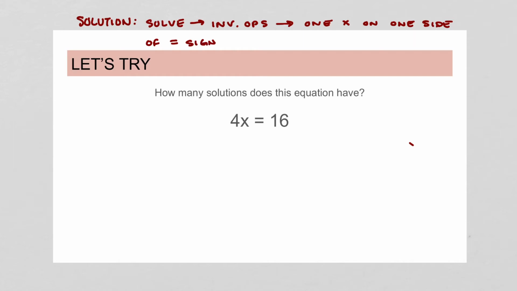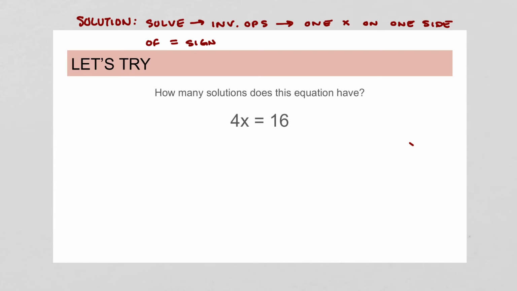And then presumably that means that anything left over is on the other side. So to solve these, the first thing we have to do is make sure that all of our x's are together on one side. And then we narrow that down to one copy of the x. And once we have one copy of the x on one side alone, then we know that that's as far as we're going to go to find that value.